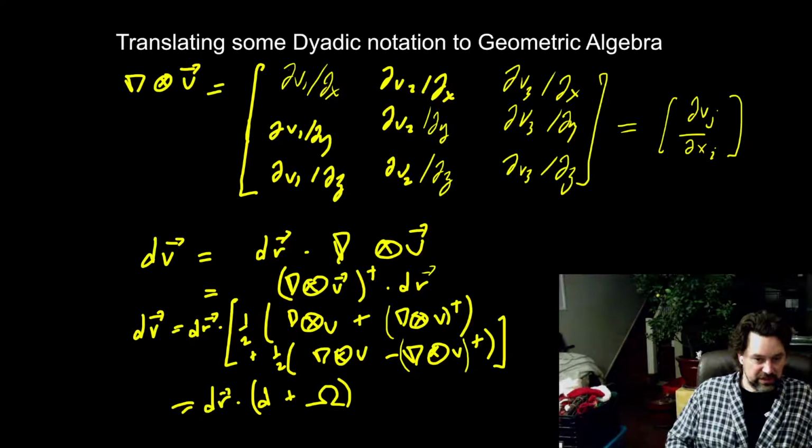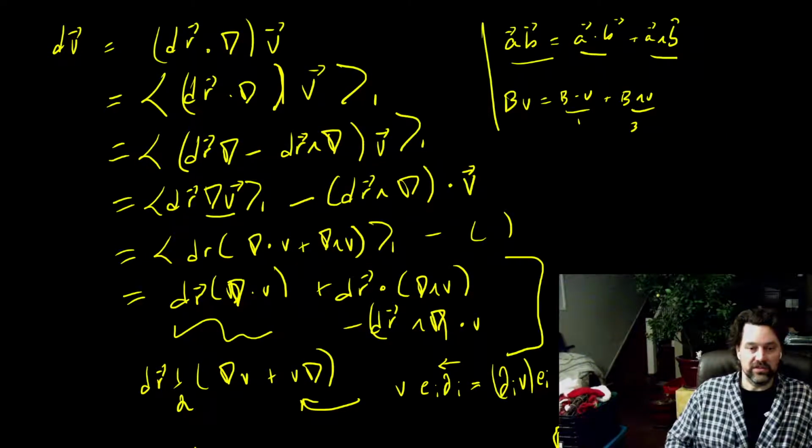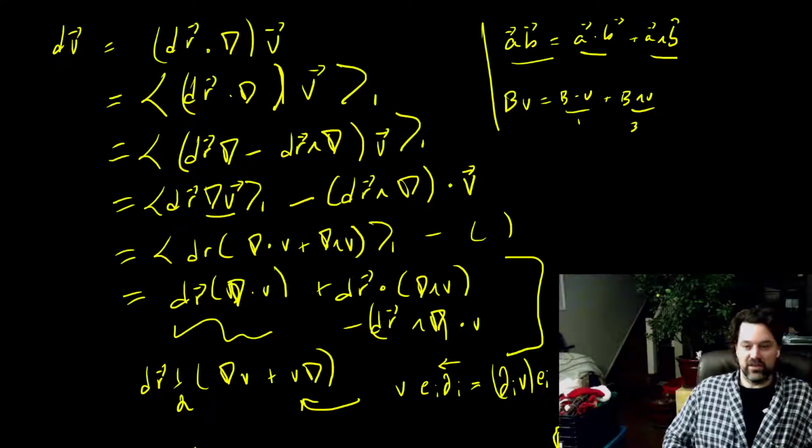So our geometric algebra equivalents to this expression are just a divergence and this beastie. And as an operator, I suppose, it's not the most obvious what to call this thing and exactly what it is.